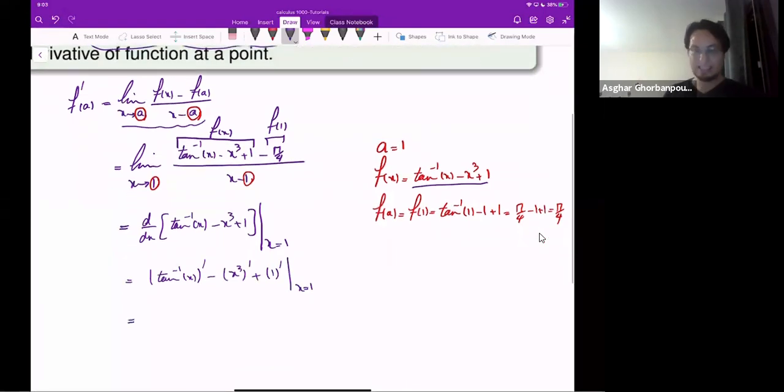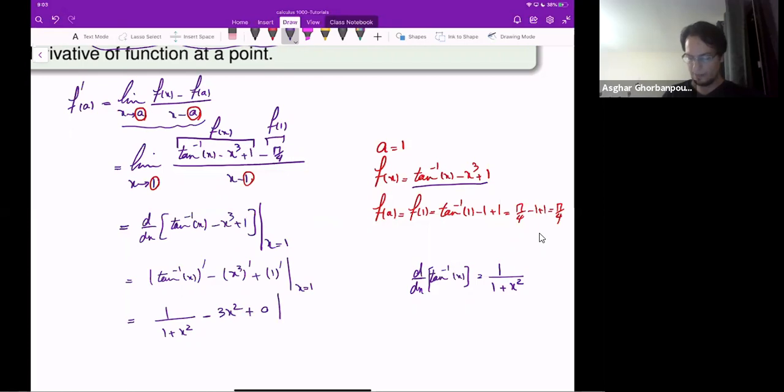So here, the derivative of tan inverse is 1 over 1 plus x squared. So here I have 1 over 1 plus x squared minus the derivative of x cubed, which is 3x squared, plus the derivative of 1, which is 0.